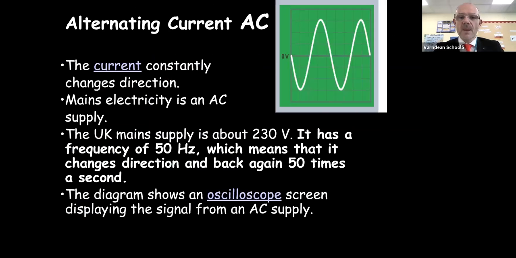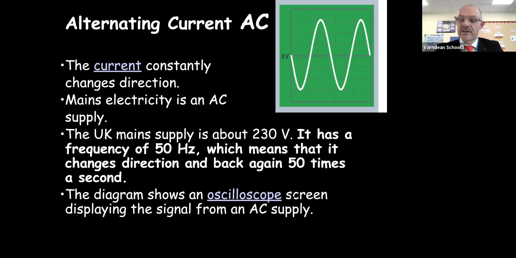Okay, so that's what an oscilloscope trace looks like, and an oscilloscope is something that allows us to see the current, the potential difference and the changes in direction. Sometimes they give you an oscilloscope trace and ask you what is the potential difference, and you just read off here, or they give you the time along the bottom and ask you what the frequency is, and you look for the number of changes per second.